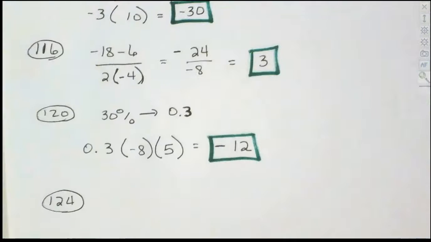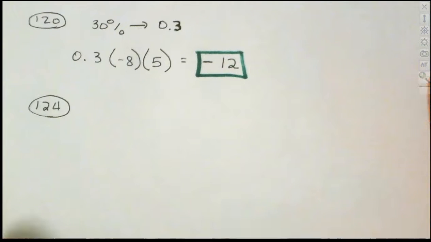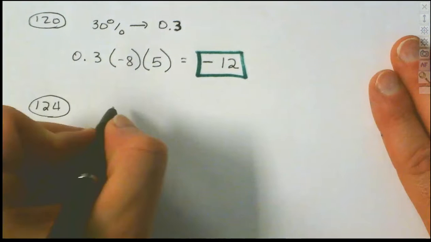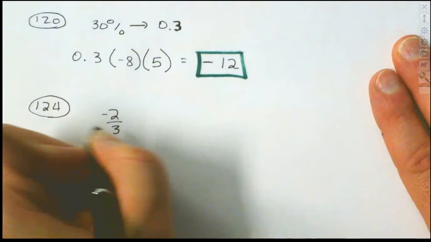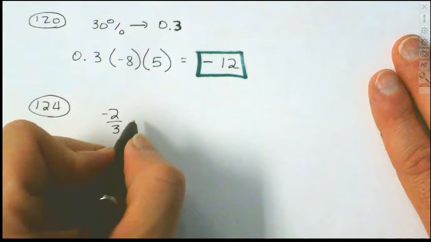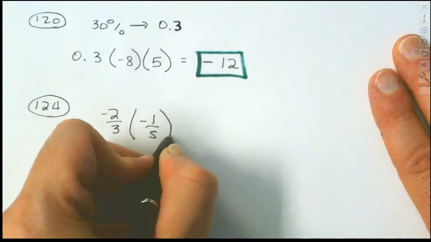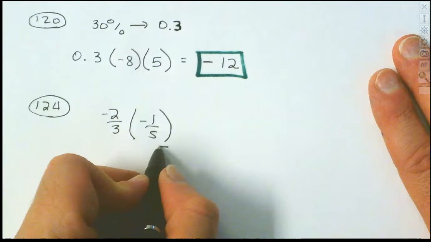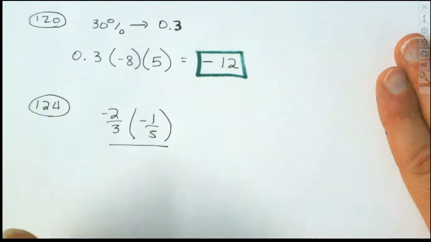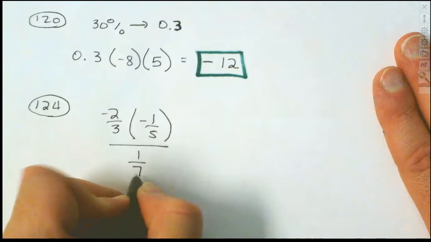So let's write what we've got. Product. Product means multiply. So we've got the product of -2/3 and a -1/5. So that's going on top. And then we're going to divide that by 1/7. So it's going to go down below.